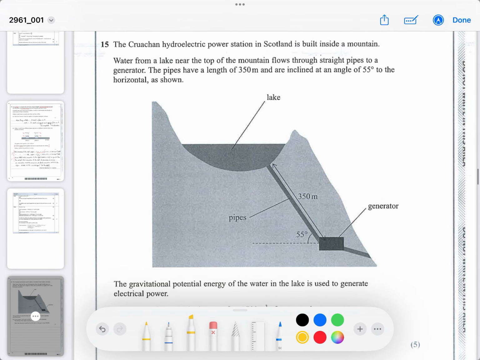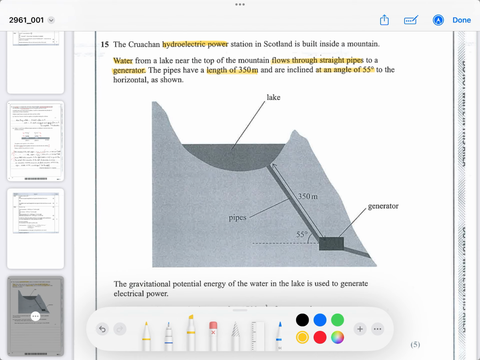Yes, it's blank. Okay, so here you've got a hydroelectric power station inside a mountain, and the water flows through a pipe to a generator. The pipe has a length of 350 meters, at an angle of 55 degrees, so it doesn't go straight down.